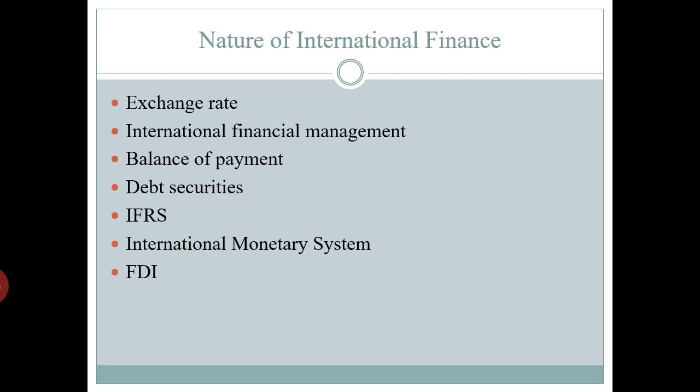Okay, then IFRS, International Financial Reporting Standards. International Financial Reporting Standards set common rules so that financial statements can be consistent, transparent and comparable around the world. IFRS are issued by the International Accounting Standards Board.